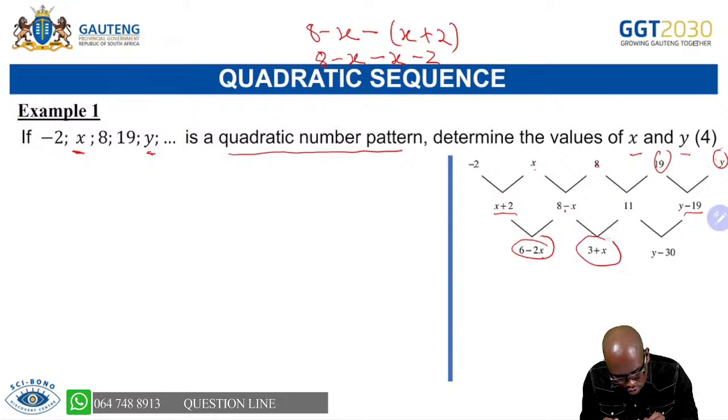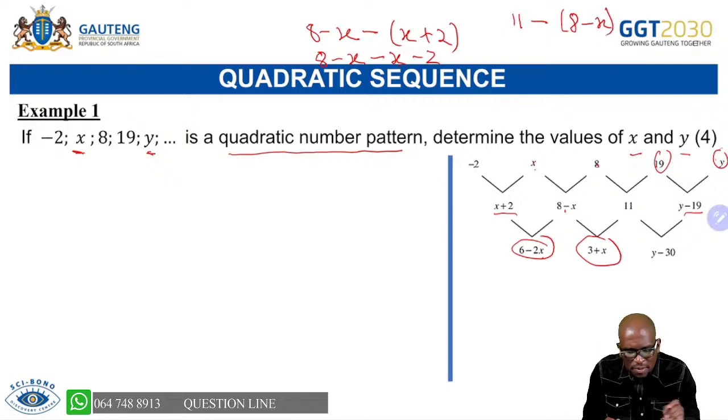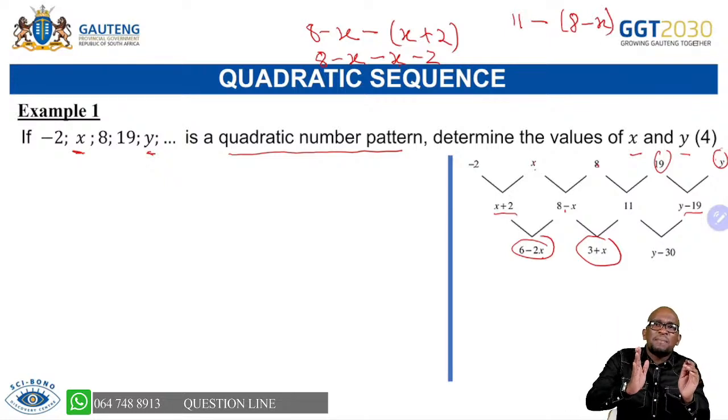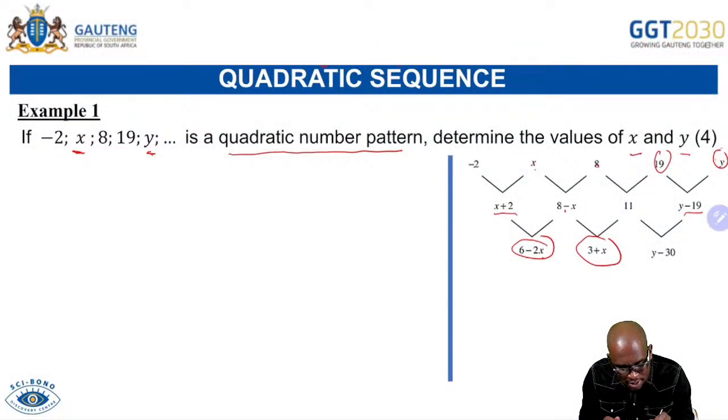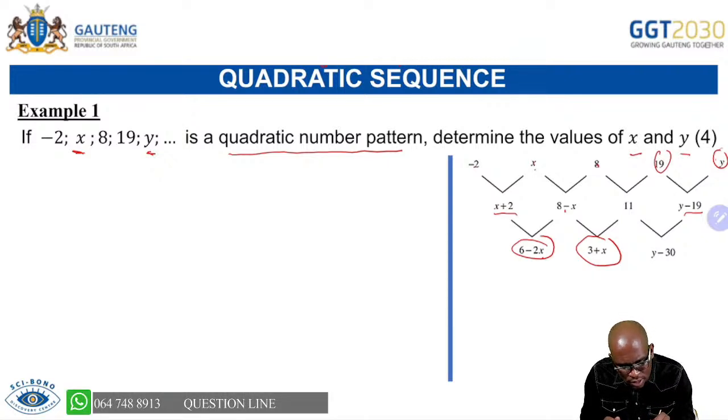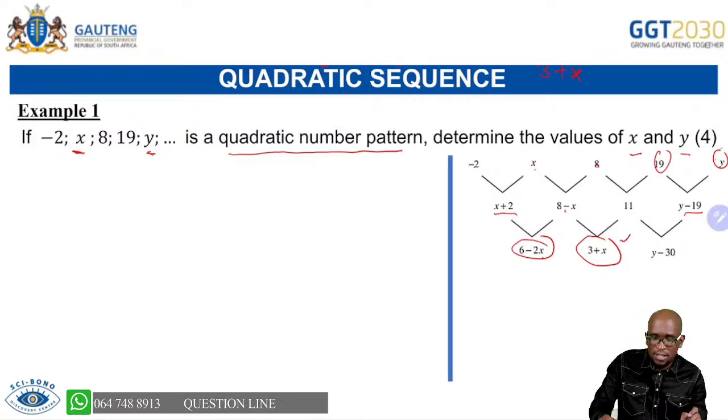And then to get to this one, we said 11 minus (8 minus x). Remember, you are subtracting a binomial, so the use of brackets here is of paramount importance. When you apply the distributive law, it gives minus 8 plus x, so 11 minus 8 is 3 plus x. That is how we got to that difference.